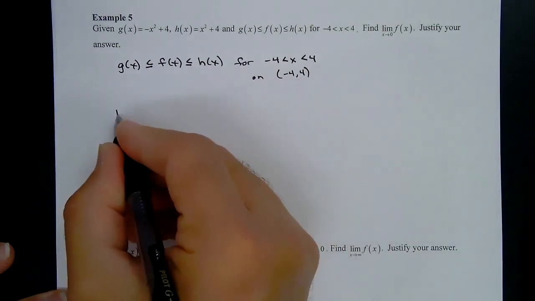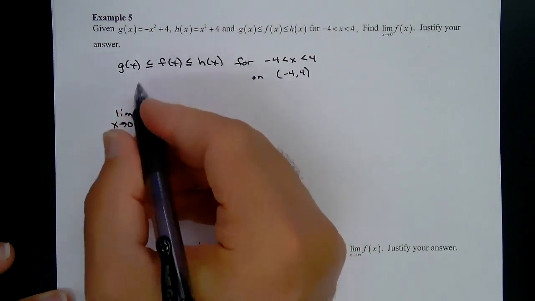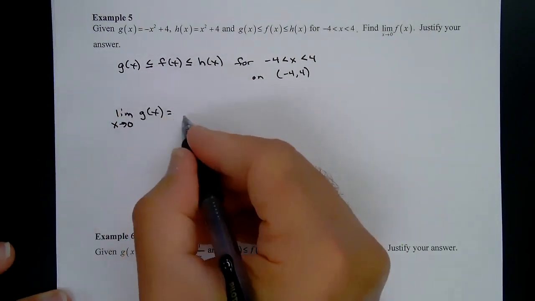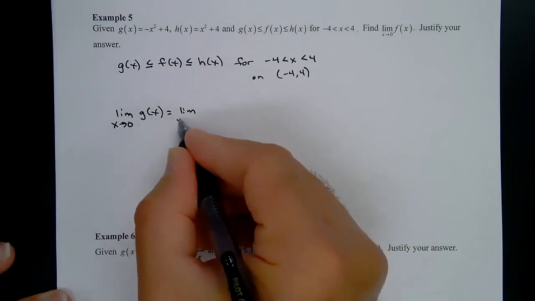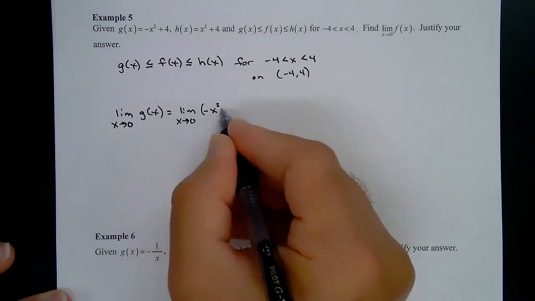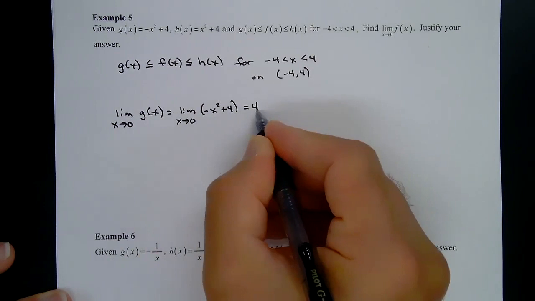And so we need to find the limit as x approaches 0 of g of x. And that would be the limit as x approaches 0 of negative x squared plus 4. We can do a direct substitution. That would come out to be 4.